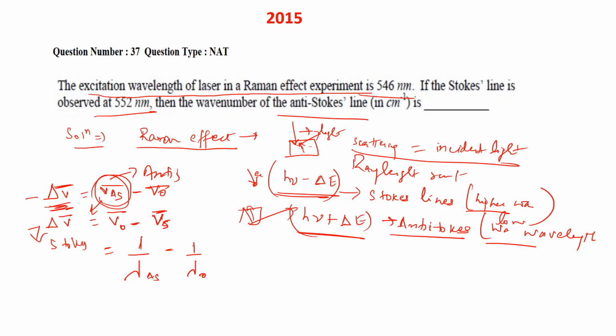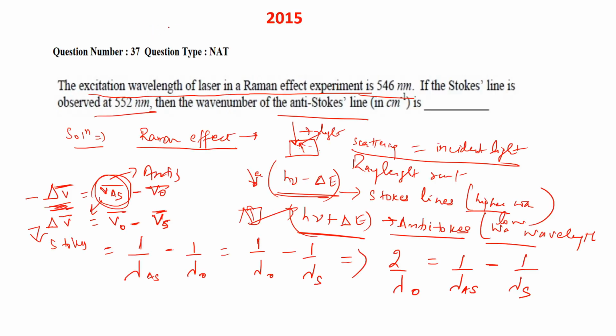Equating both of these, it will be 2 upon lambda naught is equal to 1 upon lambda for anti-Stokes plus 1 upon lambda for Stokes.